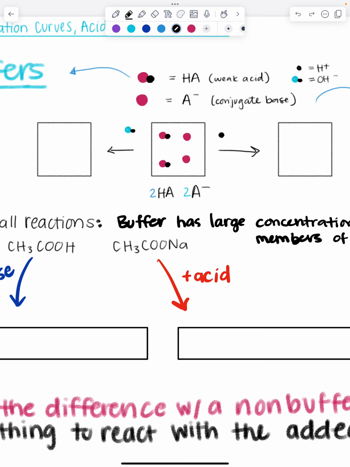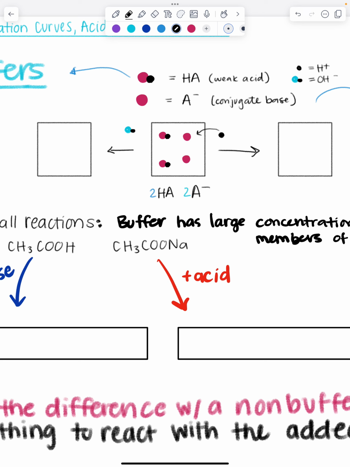Now, if I were to add H plus ions to a solution that's not a buffer, immediately the pH would drop. But because I now have something that can react with the H plus ions, the pH is going to only change very slightly.